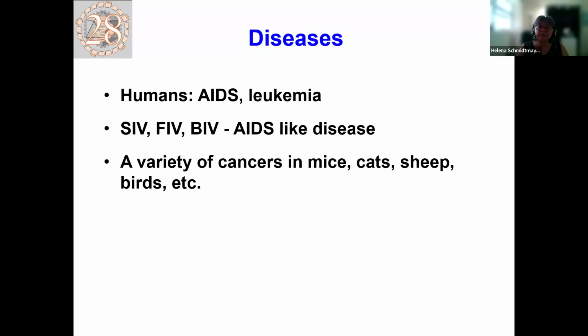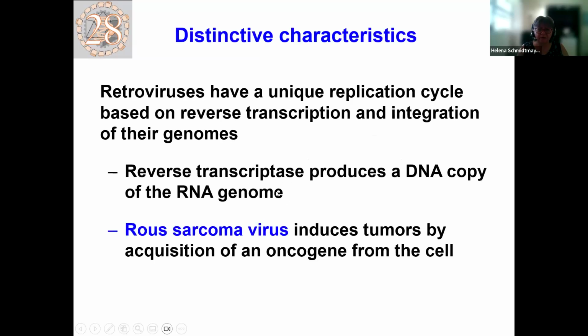Remember, all these lentiviruses are species specific, so they do not cross the barrier between species. And oncoviruses cause a variety of cancerous disease in many different animals, starting from mice through cats, sheep, birds, and so on.